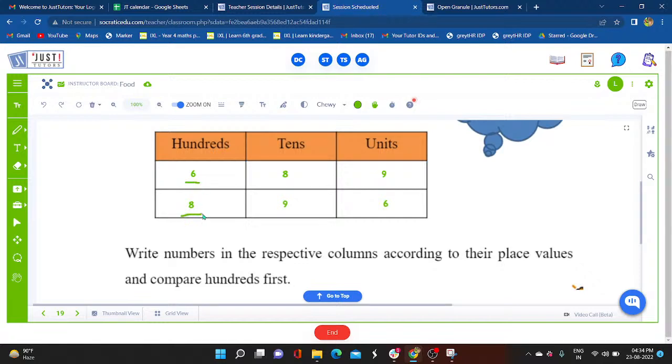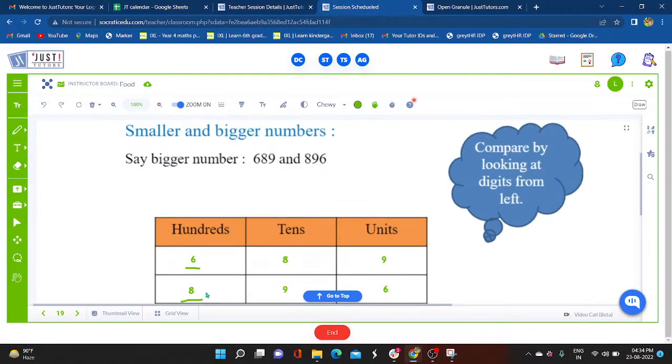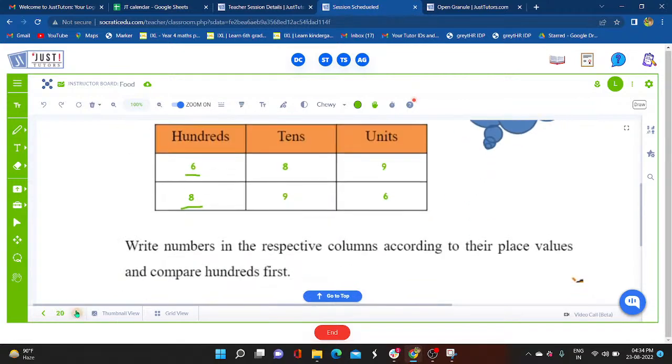This makes it very clear that 600 is less than 800, which means 896 is bigger than 689. This is how we compare numbers using a place value chart. So let's move on and try a bit more comparing.